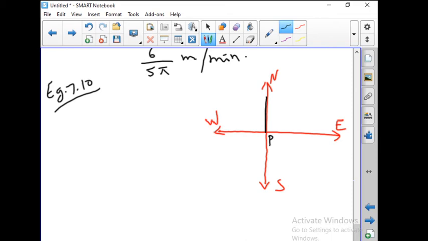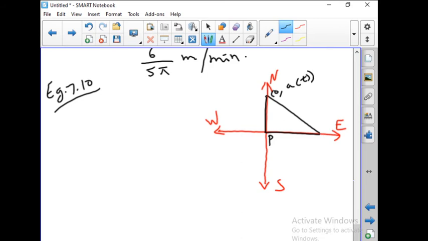Then car B is driving east along the second road. So here it goes. So now join both. Okay, so you get a right angle triangle.